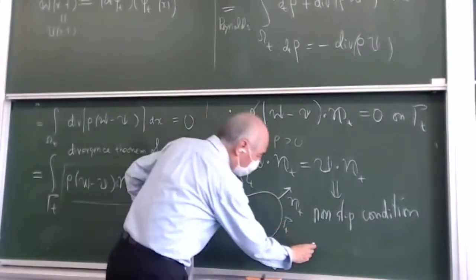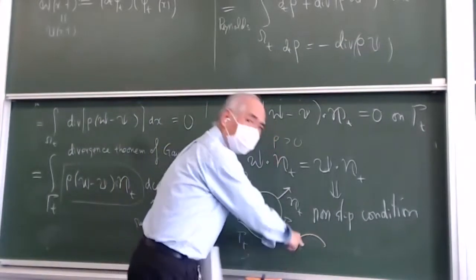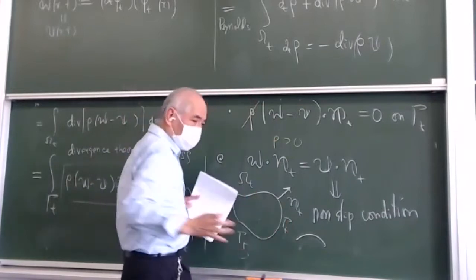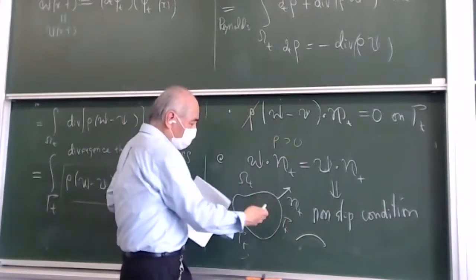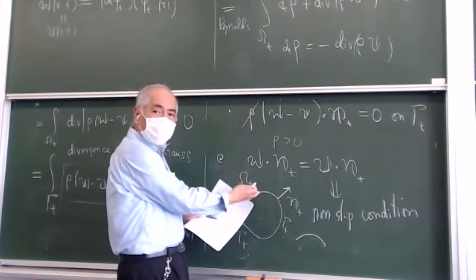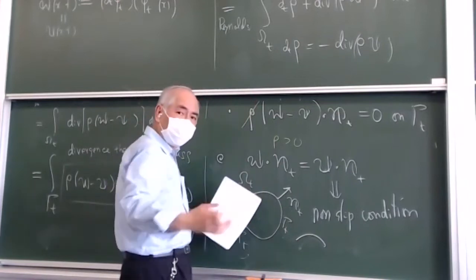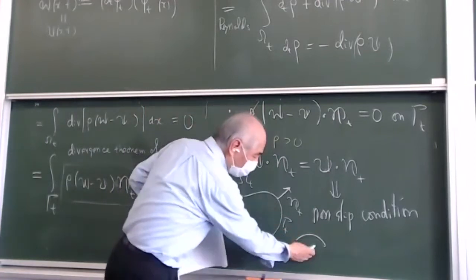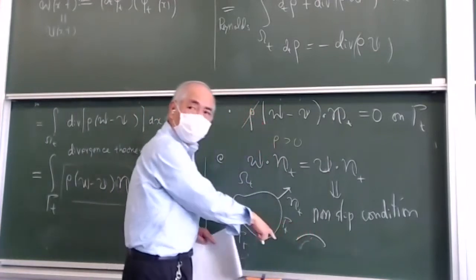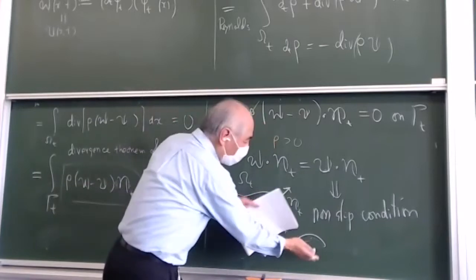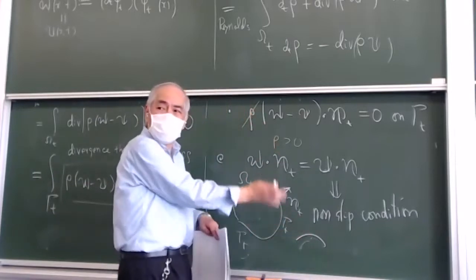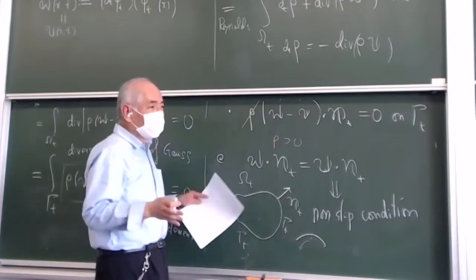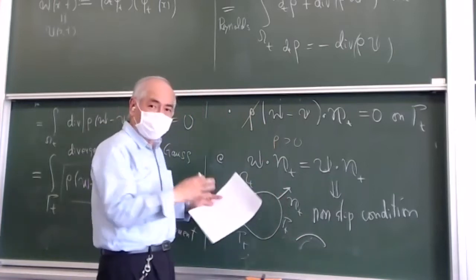Otherwise, you have some vacuum here. If the evolution of the body has a different speed from the fluid, then sometimes you have vacuum here or overflow. But usually we don't observe such things.